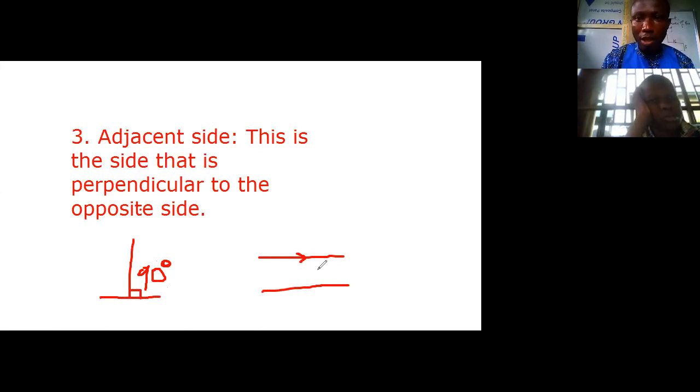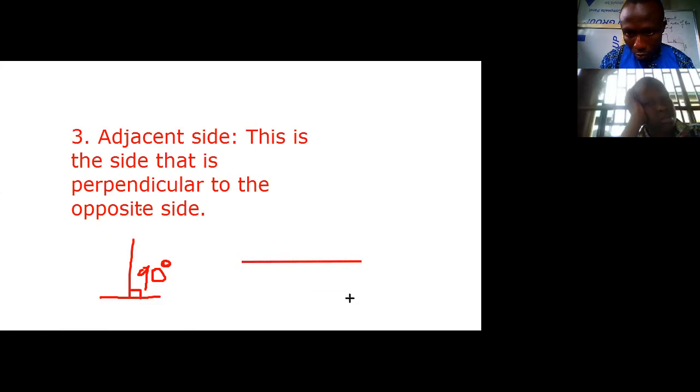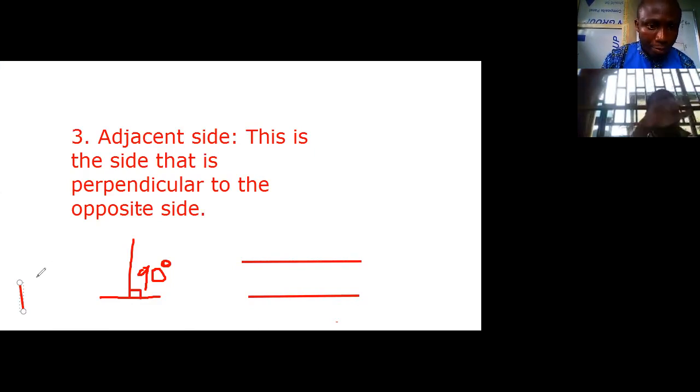Let me use a very straight line to explain it. So these are parallel lines. Are you seeing it? So here is perpendicular. These two lines are perpendicular, while the second one, the two lines are parallel.